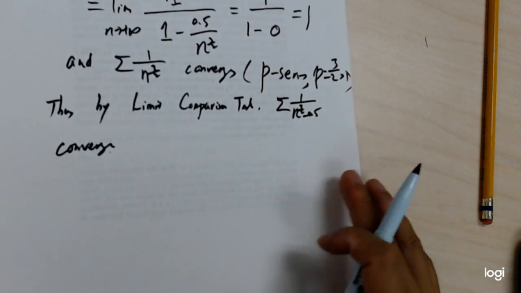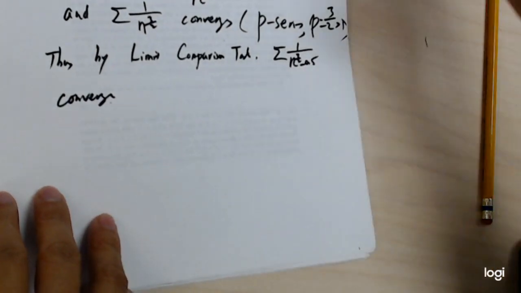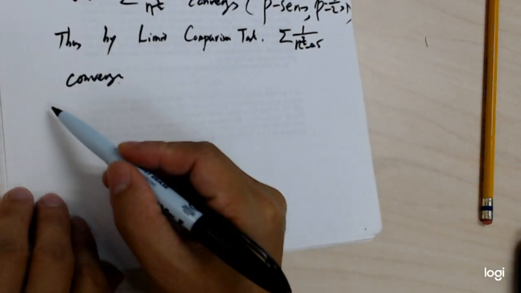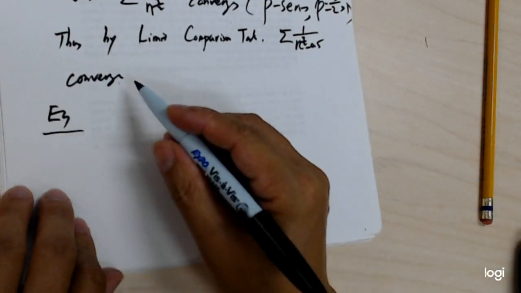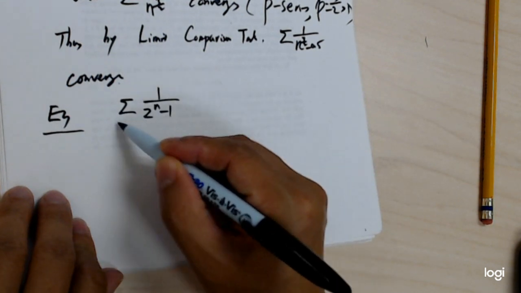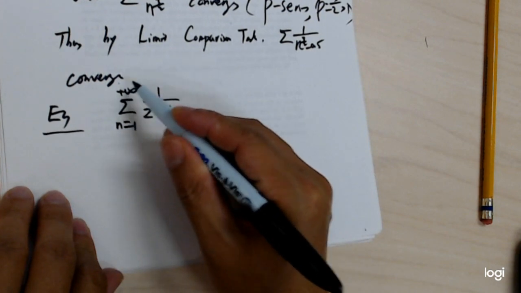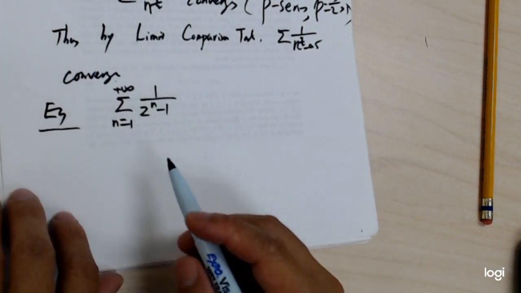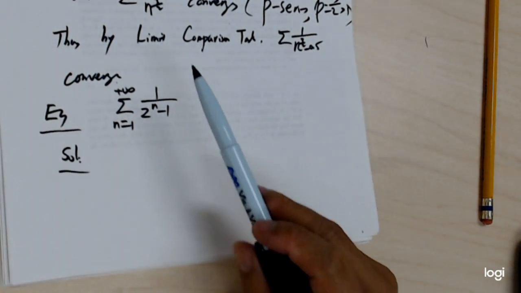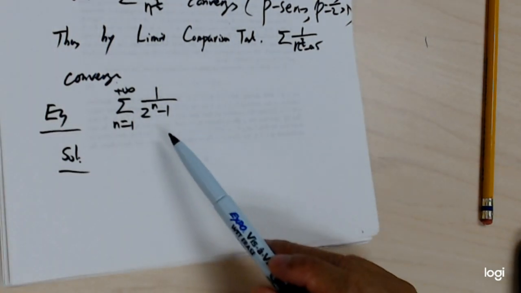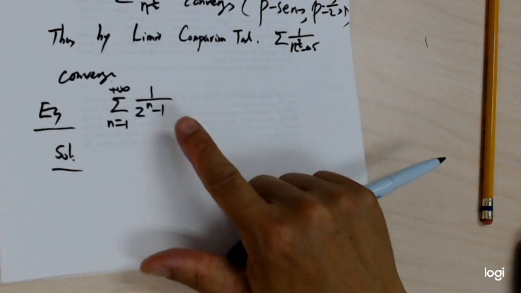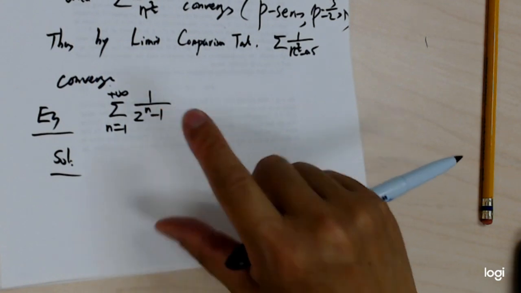Here's another example. Solution. So once again, to do the limit comparison test, to find someone to compare with, you always start with the one that you already have, and try to ignore the smaller terms and come up with something that you can compare with.